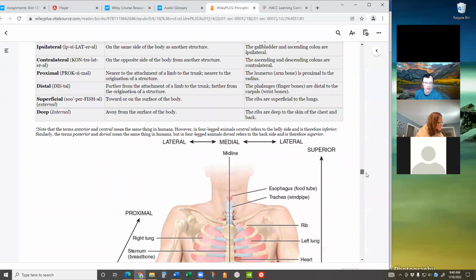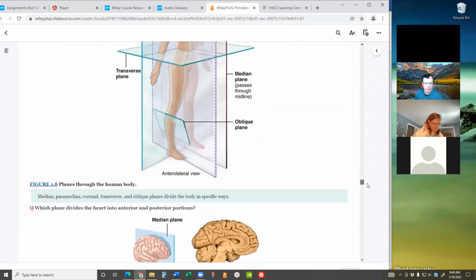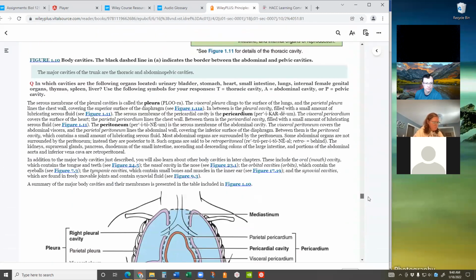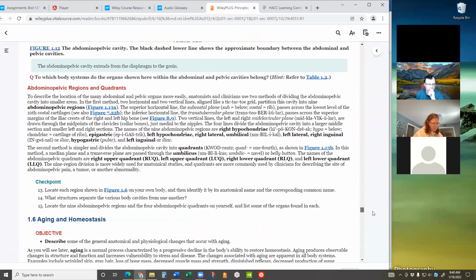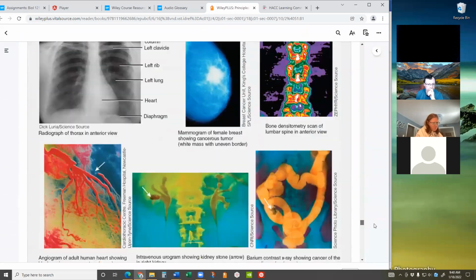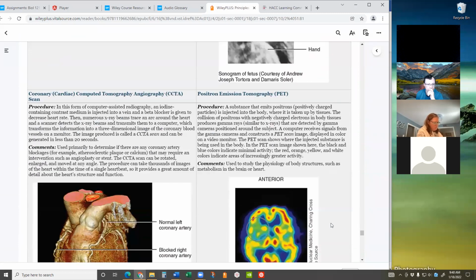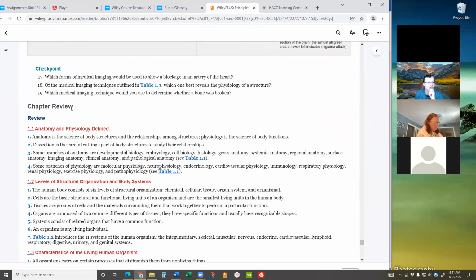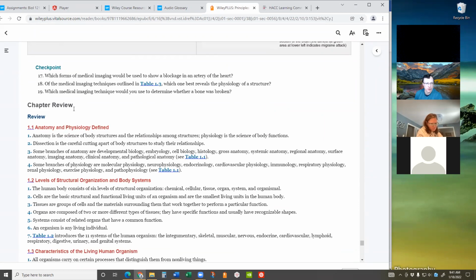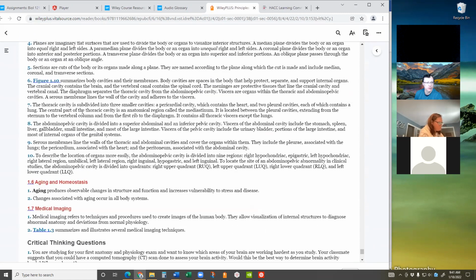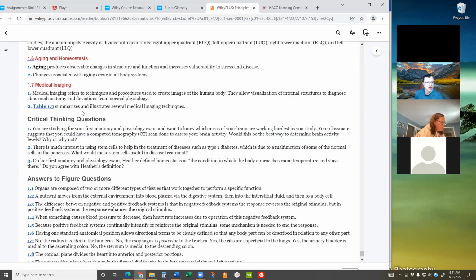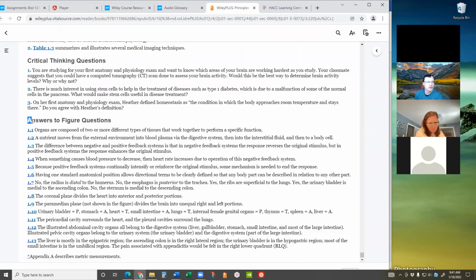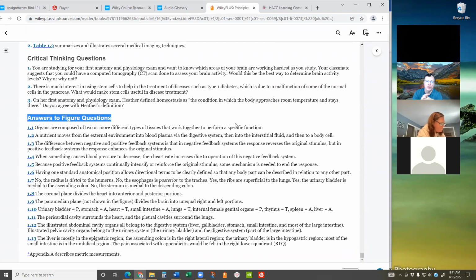Lots of stuff here, but like anything, you take a little bit at a time. Okay, so here we're at the back of chapter 1, chapter review. And here we go, the answers to the figure questions, right? The answers to the figure questions are at the back of the chapters.